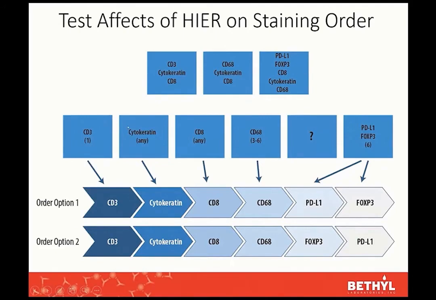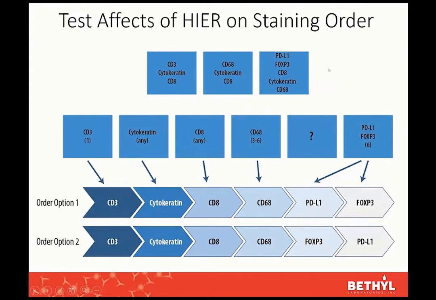So we can start filling out our 6-plex panel. We'll put CD3 in the first position. We'll come and fill in with cytokeratin and CD8. And we have CD68 that likes to be 3rd through 6th, so we'll put it in the 4th position.